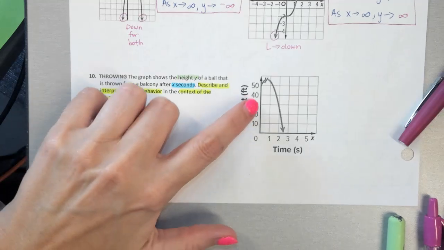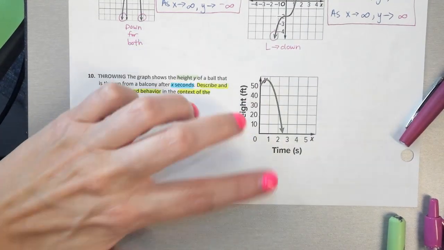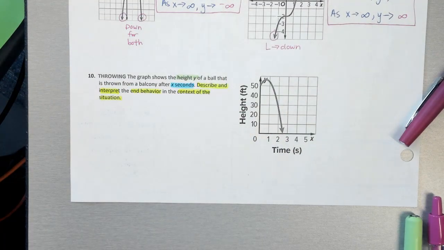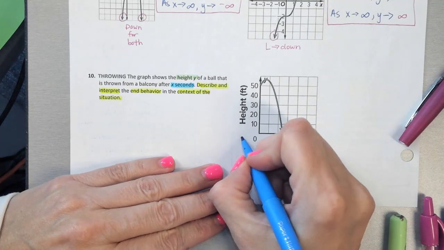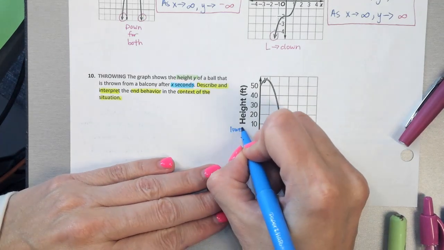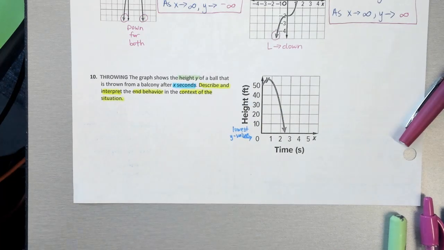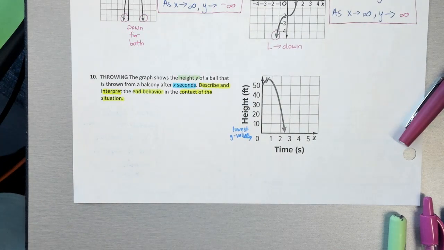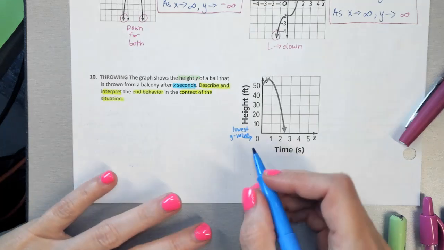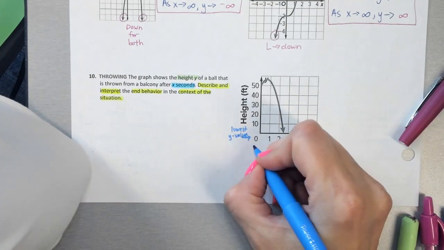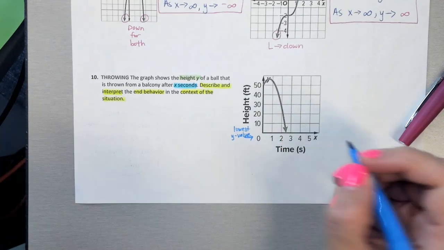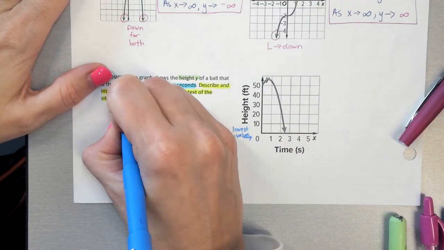So when you're looking at this, your height, what's the lowest height it can have? 0. Okay, so this is your lowest y value. And then what about time? The time can't be what? Negative. So this is also your lowest x value, and that can't be a negative value.